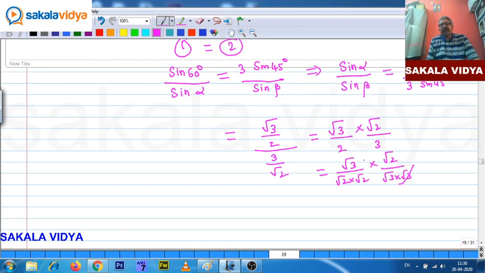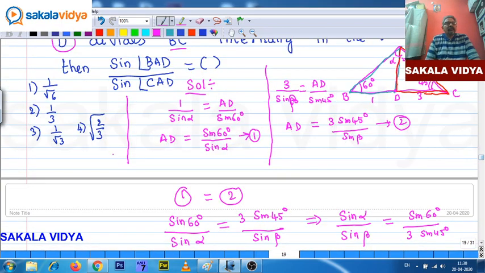Root 3 gets cancelled, root 2 gets cancelled. So 1 by root 2 into root 3, root 6. So the first option is the right option.